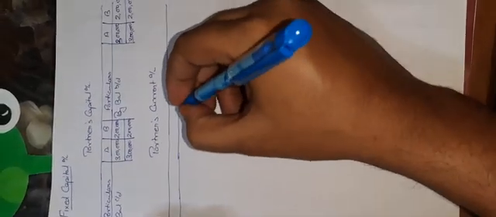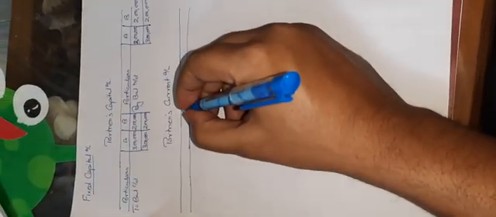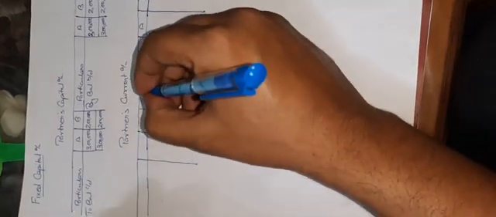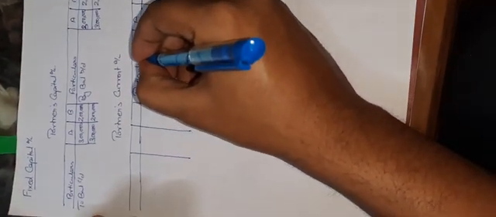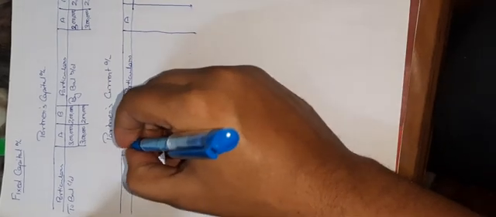So in the partners' current account, the rest of the information which is given has to be shown. The interest on capital is received by both the partners.